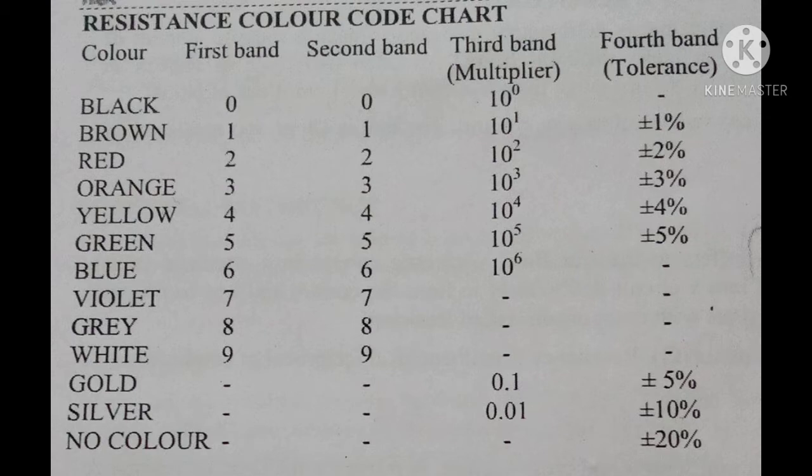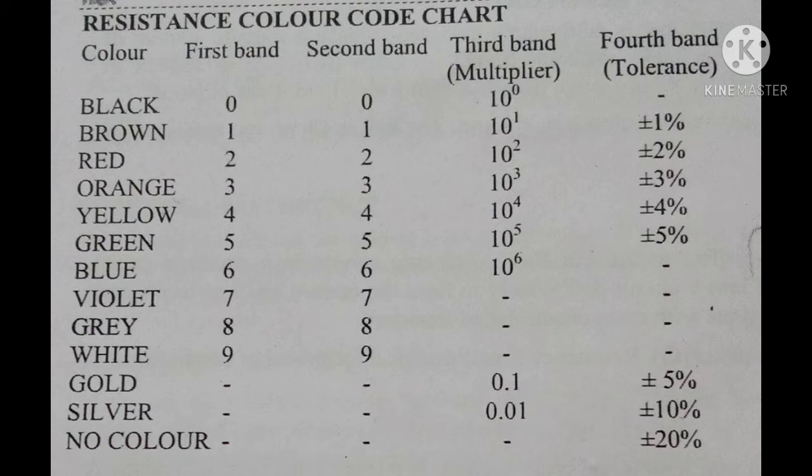And in the fourth band, we can see that black has no tolerance and brown has plus minus 1% tolerance, red has plus minus 2% tolerance, orange has plus minus 3% tolerance, yellow has plus minus 4% tolerance, green has plus minus 5% tolerance.